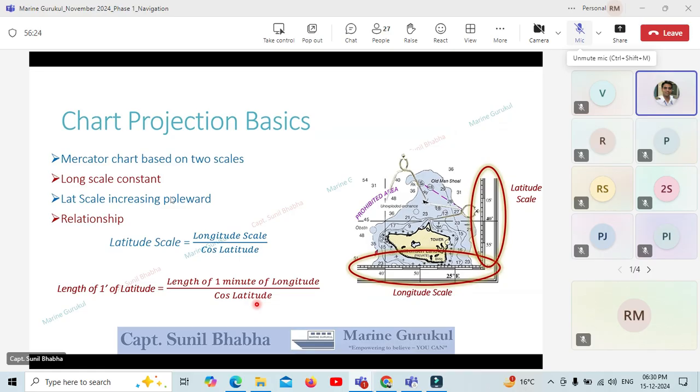So using this relationship, you can find out the length of 1 minute of latitude or the length of 1 minute of longitude if any one of them is known to you. This is a very important relationship, and we will be using it for the construction of our Mercator chart.